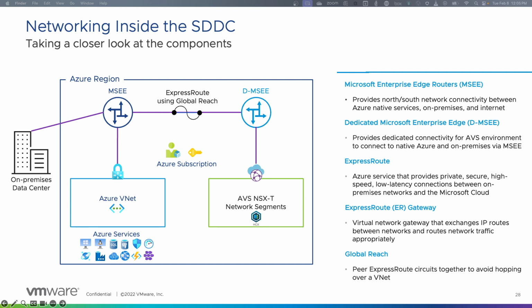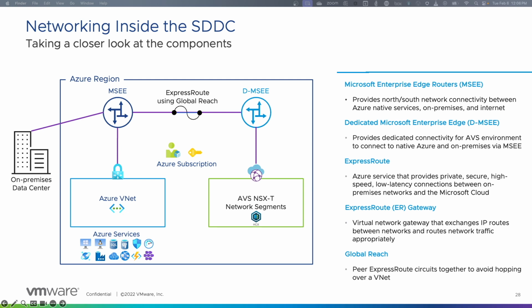Both of these run on Microsoft's global backbone, and they provide connectivity for ExpressRoute connection into native Azure and AVS. Connecting two ExpressRoutes together is possible with something called Global Reach, which we will be using in our first connectivity example.